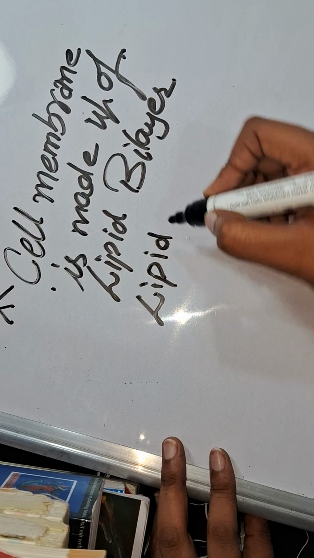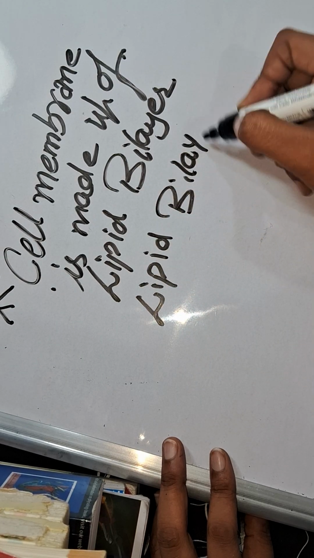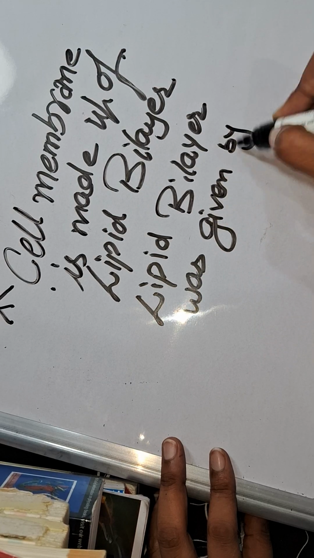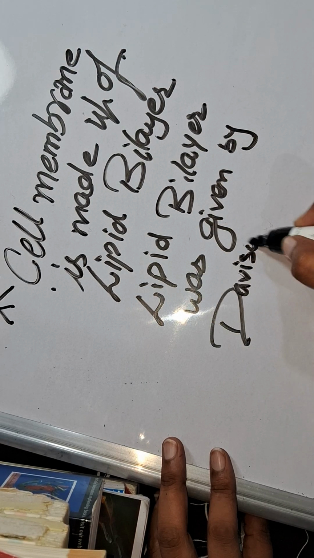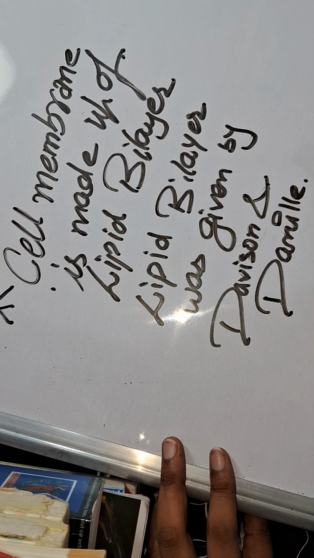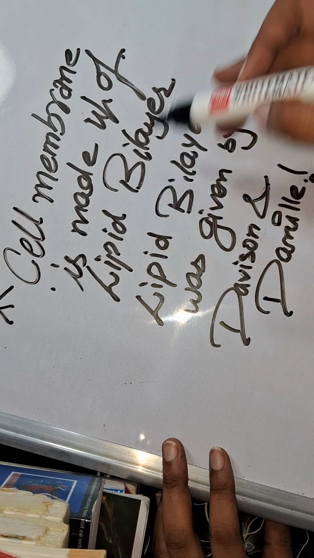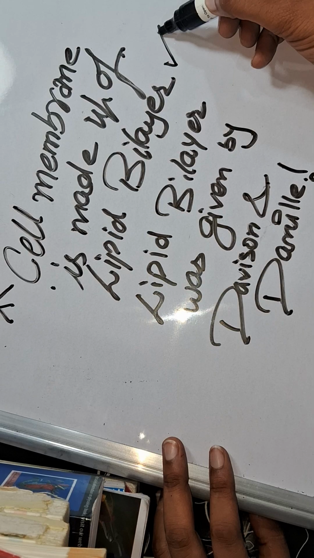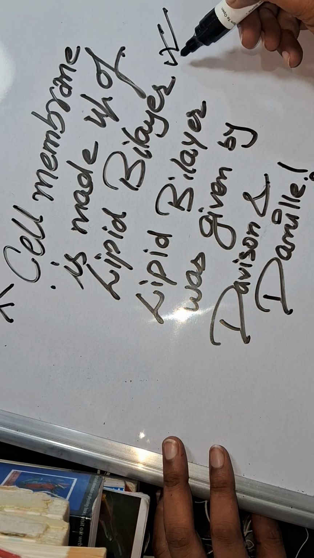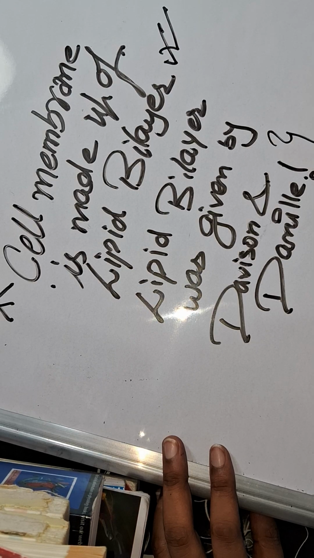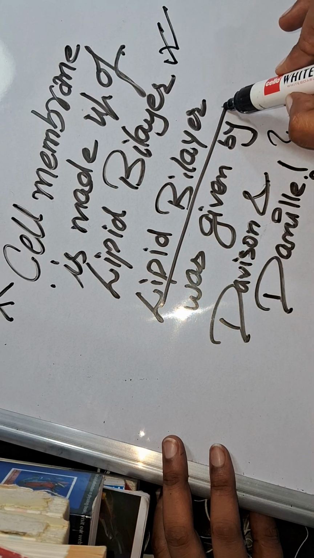The lipid bilayer was given by Davson and Danielli. Clear? The cell membrane is made up of a lipid bilayer. I will show you the structure of the lipid bilayer. These were the two scientists who gave the lipid bilayer.